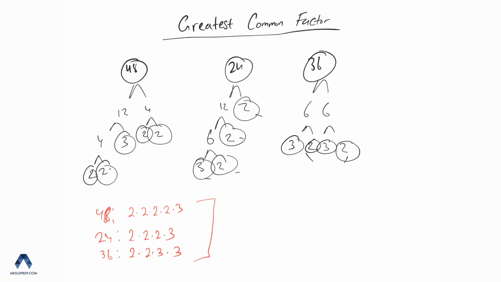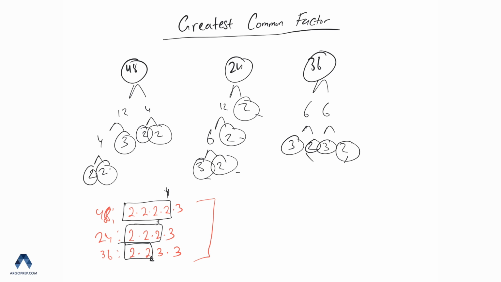Let's look at the number 2. The number 2 over here appears 4 times. The number 2 over here appears 3 times. The number 2 over here appears 2 times. Now, ordinarily, in the least common multiple, you would take 2 four times, but in the greatest common factor, you're only going to take it 2 times.